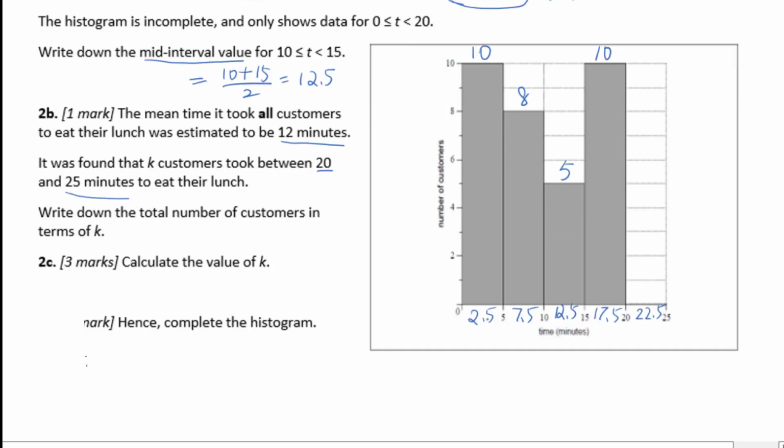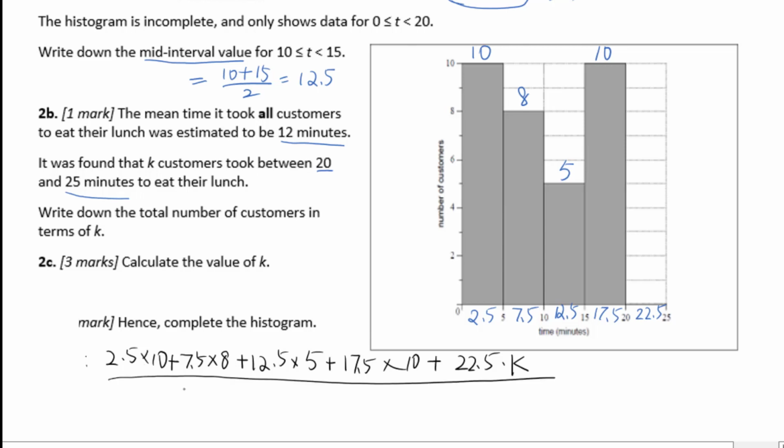Each mid-interval value multiplied by its frequency, divided by the number of all customers, which means 2.5 times 10 plus 7.5 times 8 plus 12.5 times 5 plus 17.5 times 10, then plus 22.5 times K, all over the sum of the frequencies: 10 plus 8 plus 5 plus 10 plus K, equals 12.